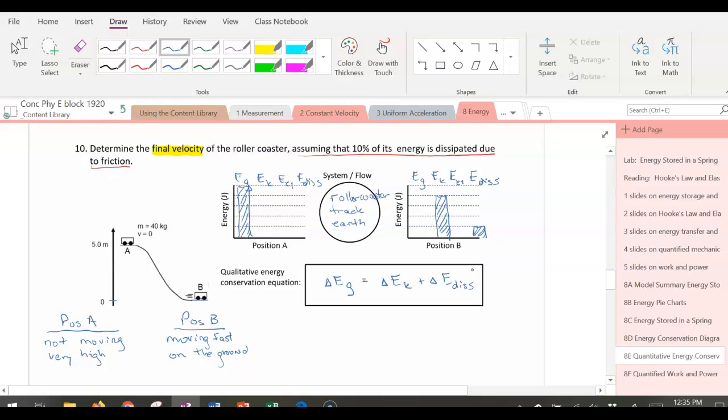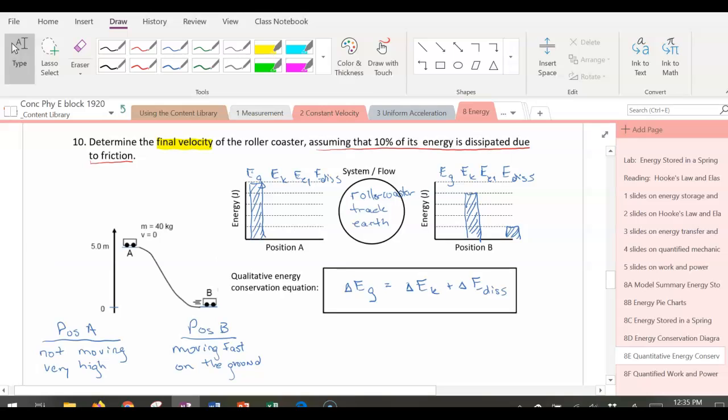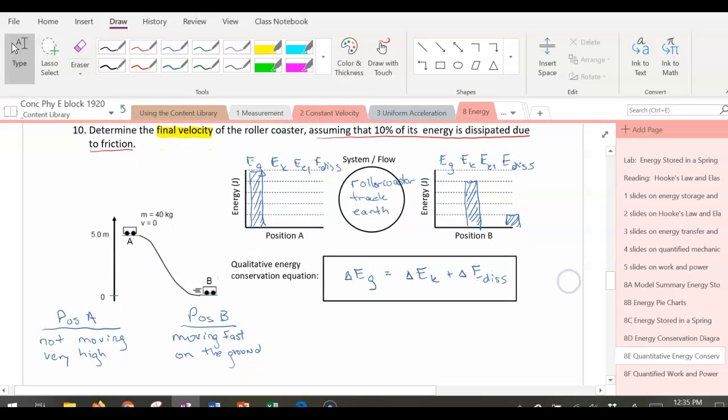Okay, now that I have my conservation equation, I want to proceed into solving this. And so I want to plug in the formula to calculate each type of energy. Gravitational energy is mgh.